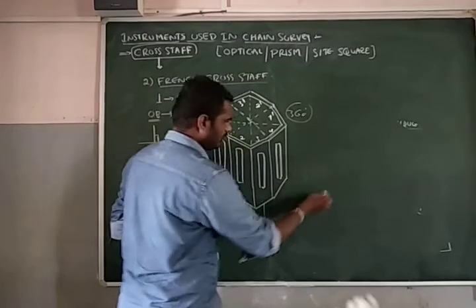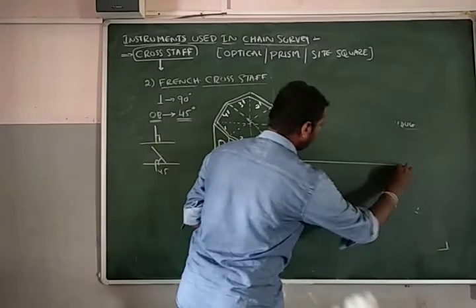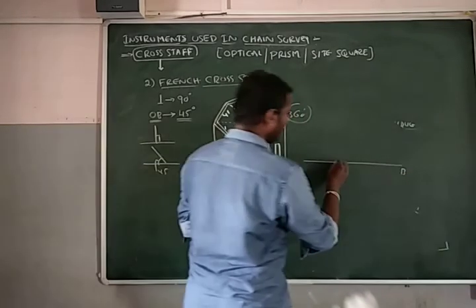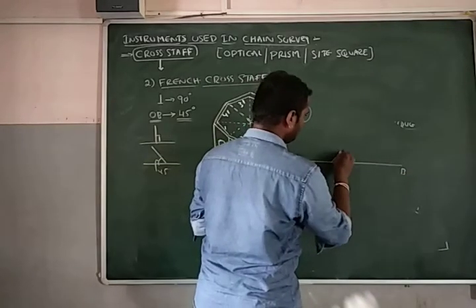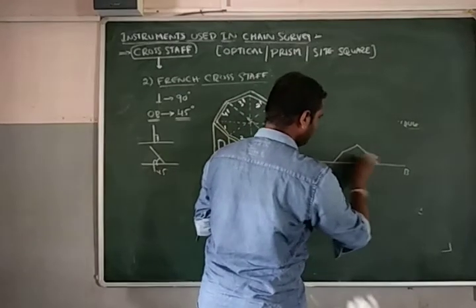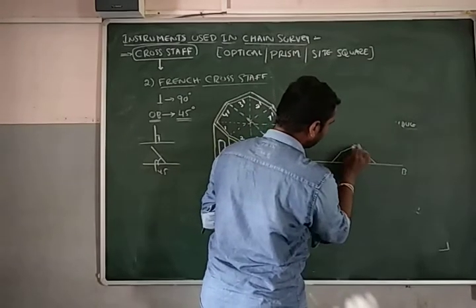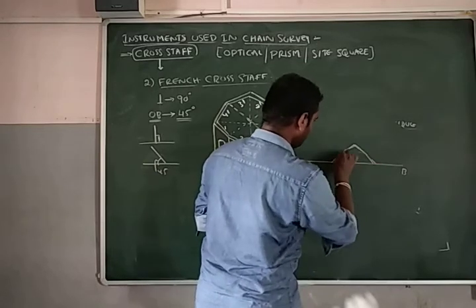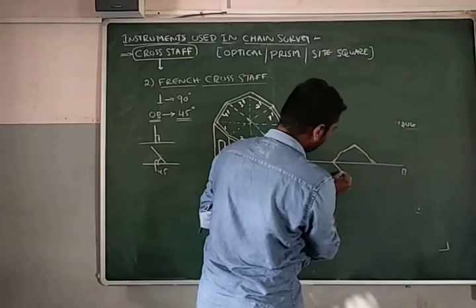the particular location. For suppose, let us say this is my survey line, capital A, B. So I am going to see the plan. So this is your octagonal. This is not exactly to the scale.